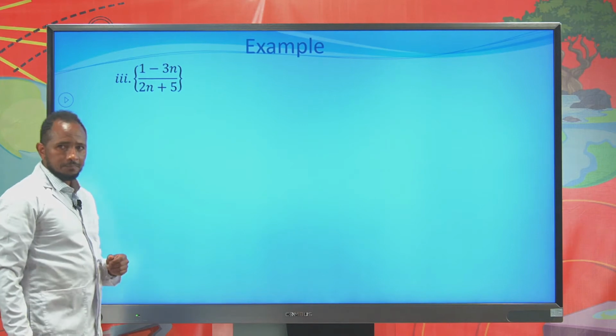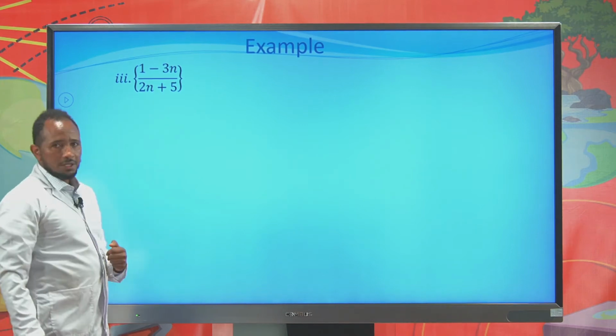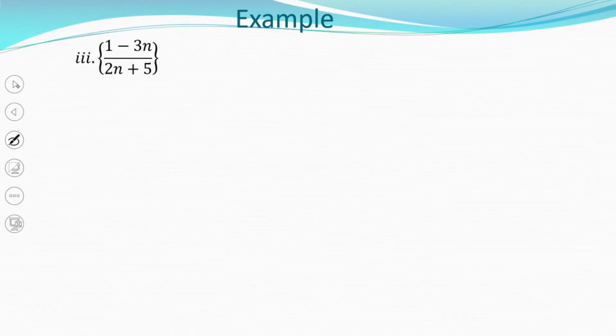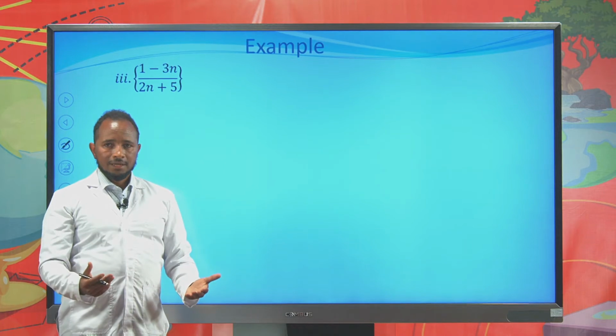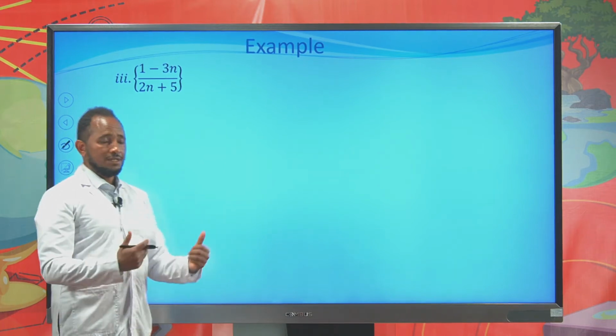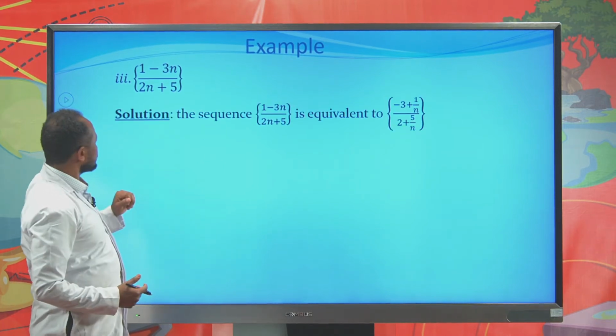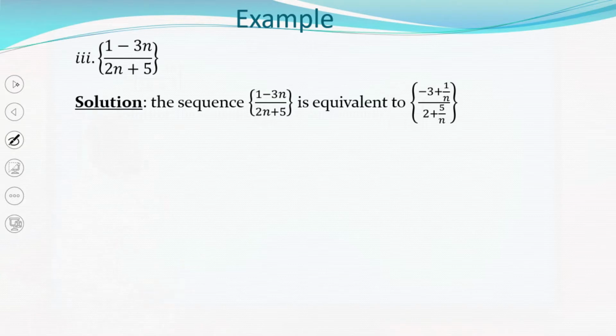Let's see this one. This sequence is given. We are asked to find its least upper bound and greatest lower bound. To find that, we have to list some of its terms. So to list the terms of this sequence, let me write this in another form.